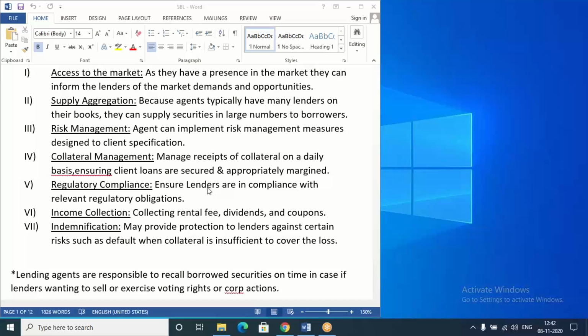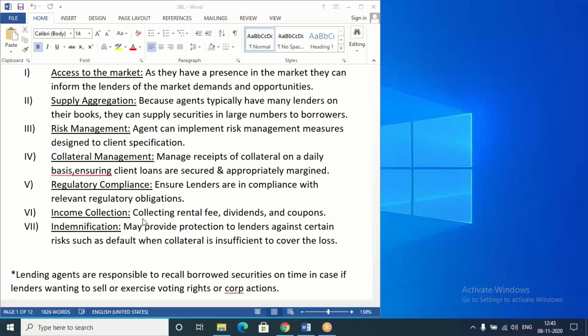Regulatory compliance: ensuring lenders are in compliance with the relevant regulatory obligations. What is one such regulatory obligation the lender has in terms of stock borrow lending? He has to reinvest the money collateral that he gets from the borrower, and pay rebate and interest back to the borrower.